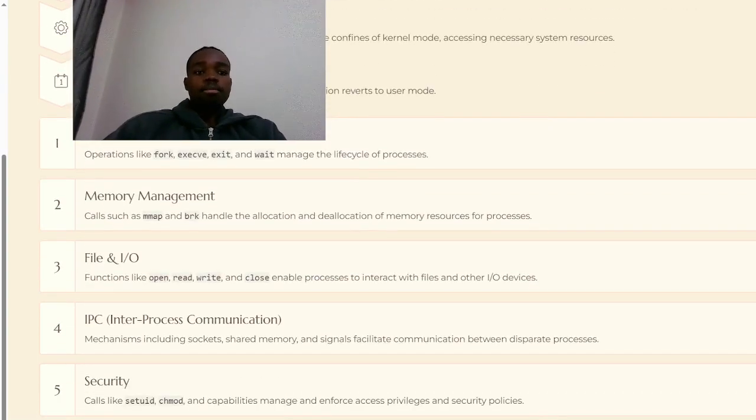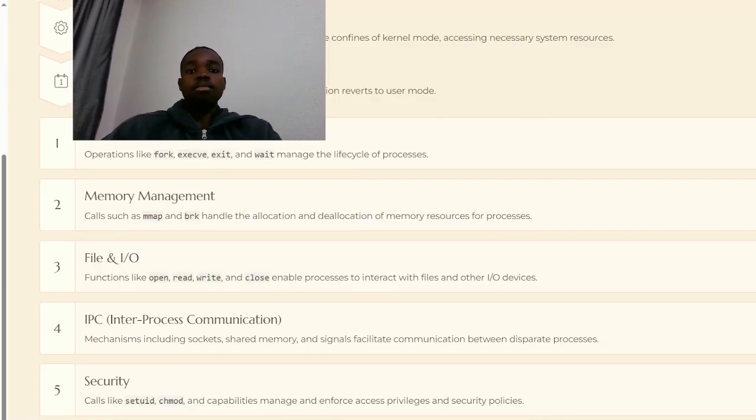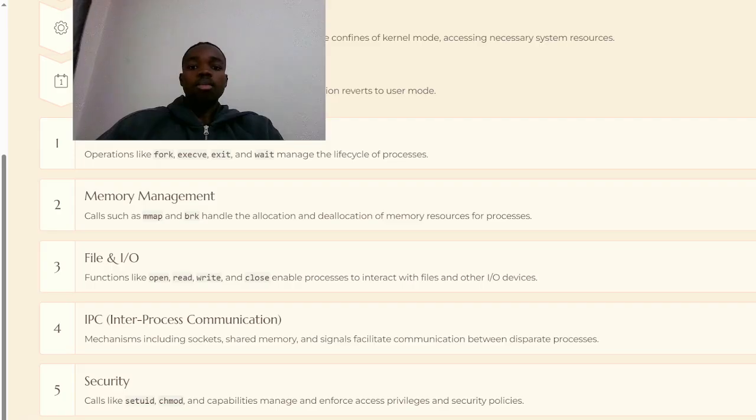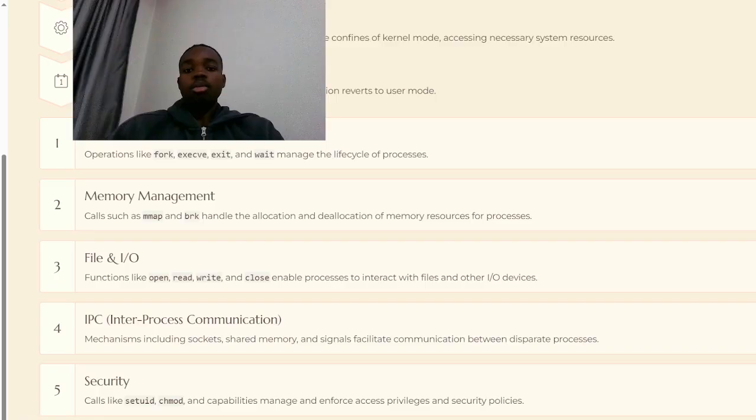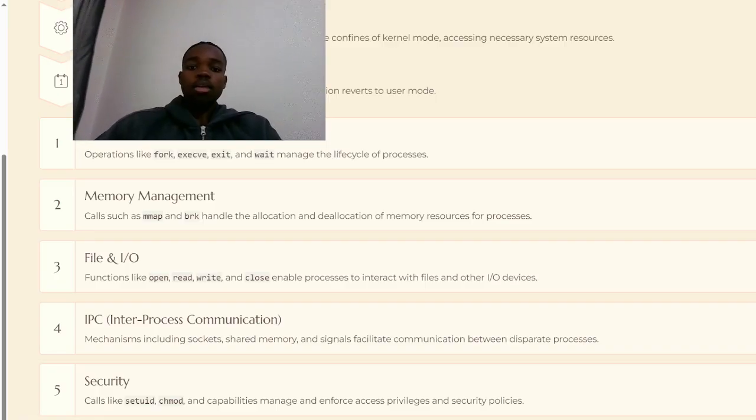Now we have process control. Operations like fork, exec, exit, and wait manage the life cycle of a process. Memory management. System calls such as mmap and brk handle the allocation and deallocation of memory resources of a process. Files and I/O. Functions like open, read, write, and close enable processes to interact with files and other I/O devices.